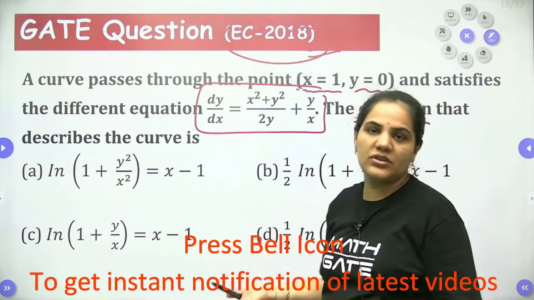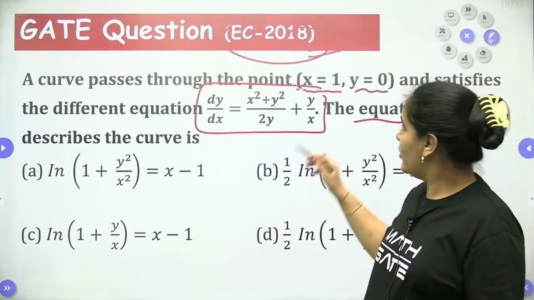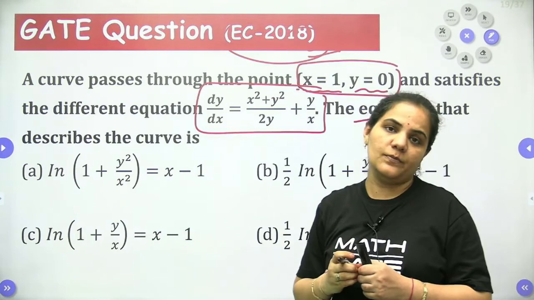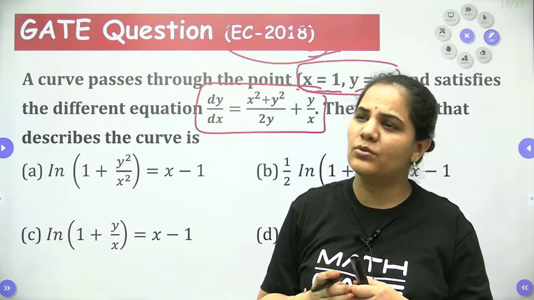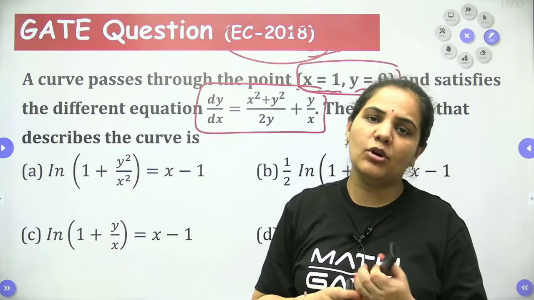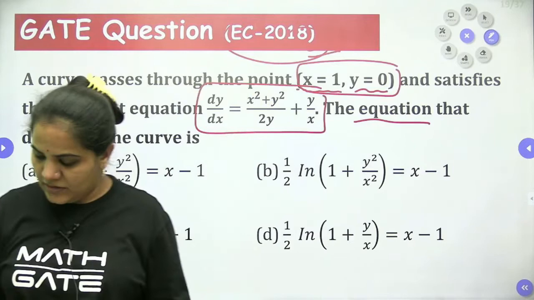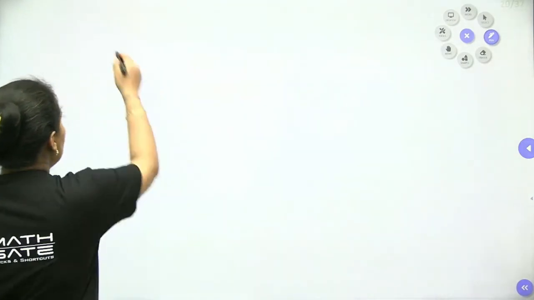You have to find the solution only, but here you have the option to find the constant c also, right? Just like in variable separation, we can use the initial condition to find the constant c. So let's have a discussion, dear students, on this question. This is a good question. Let me show you the solution.